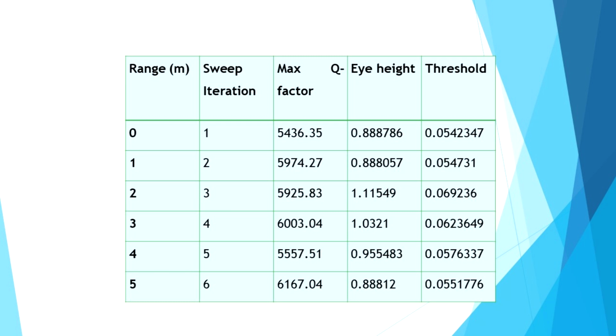The maximum value of the maximum Q factor is at sweep iteration 4. Meanwhile, the maximum value for eye height is at sweep iteration 3. Then the maximum value for threshold is at sweep iteration 4.